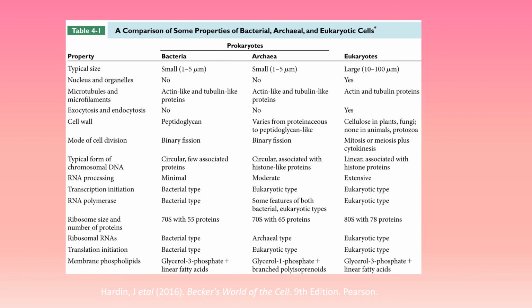Now, you could use a table like this, but what would be expected is that you write about what the table shows. Now, the other thing that I would suggest is that you don't write anything that you don't understand. So for this introductory unit, I would not expect really that you would be talking about transcription and RNA polymerase, for example.